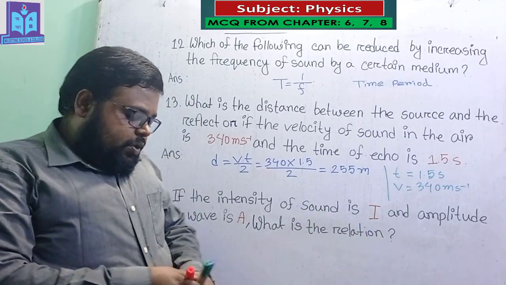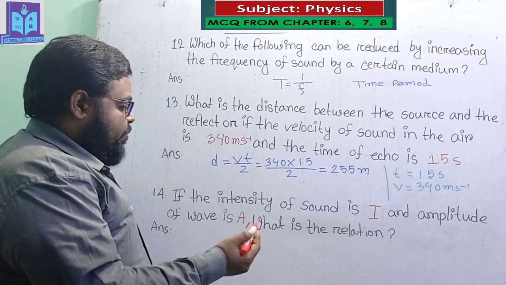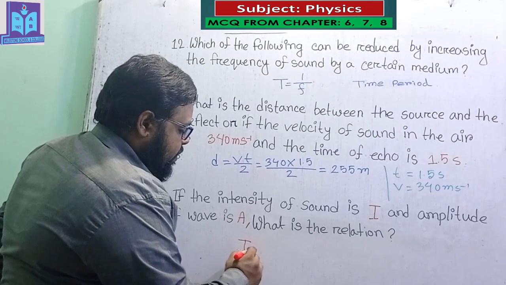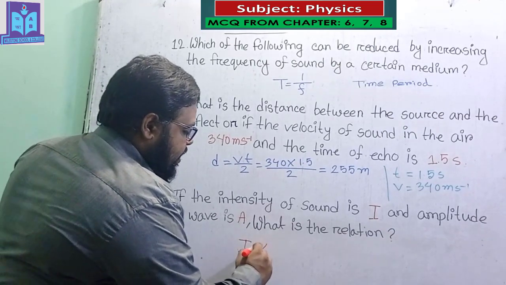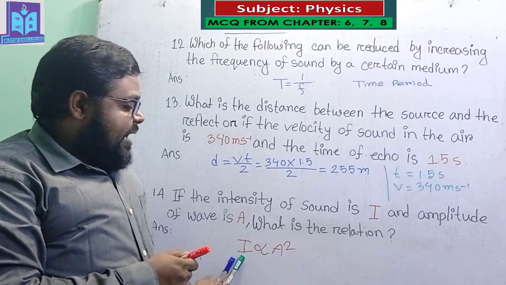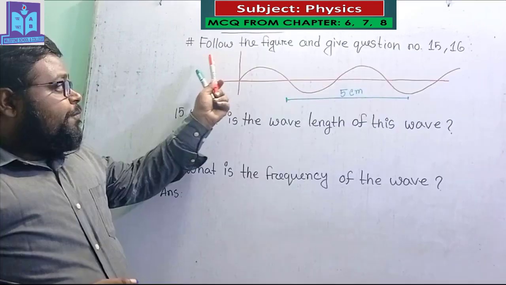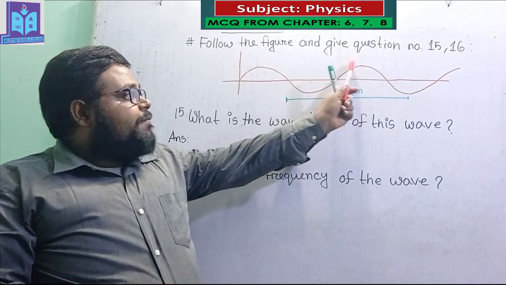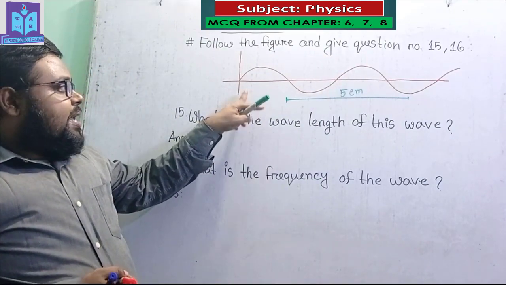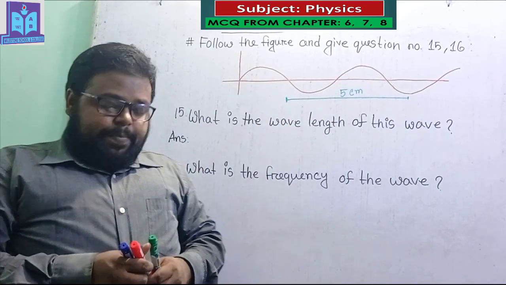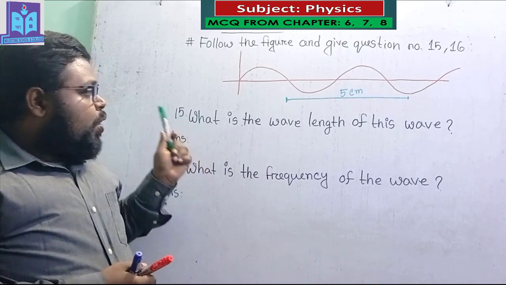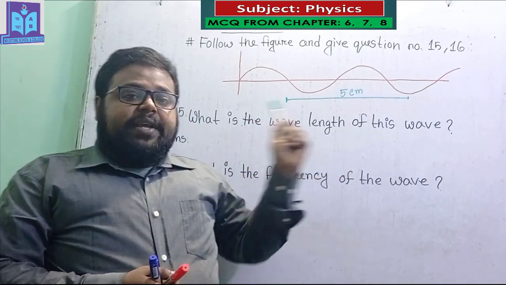We know that the relation between intensity and amplitude is, if the amplitude of a sound is increased, the intensity of the sound will also be increased. Follow the figure and answer question numbers 15 and 16. Here you can see that this is a wave.